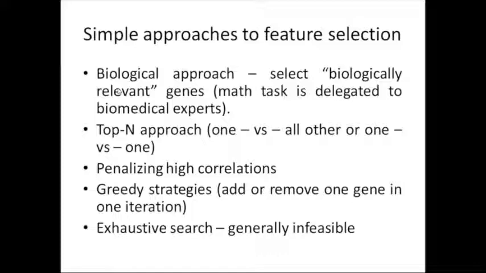Well, it's a question how to define best. For example, we can construct gene signatures based on each pair, compute precision characteristics for all these pair-based gene signatures and select the best one.